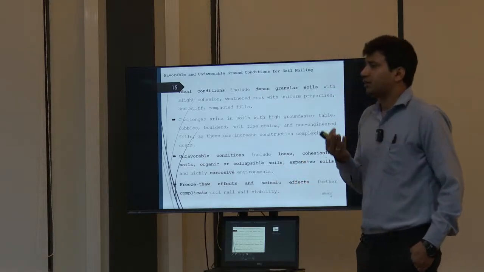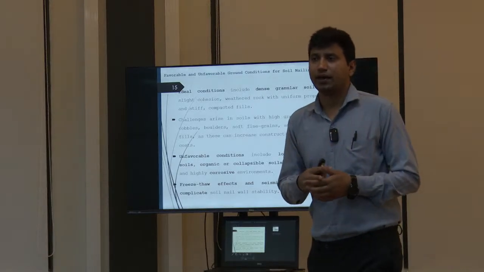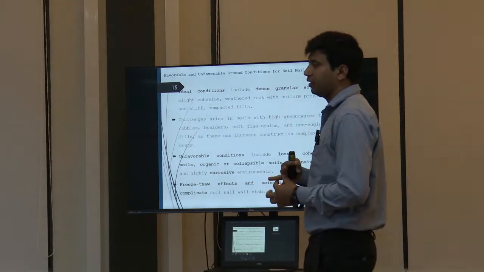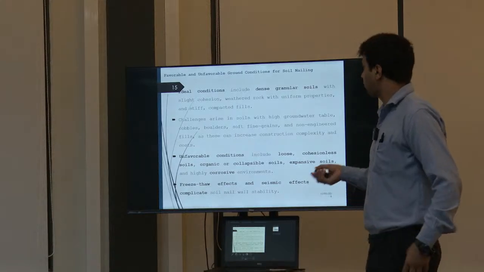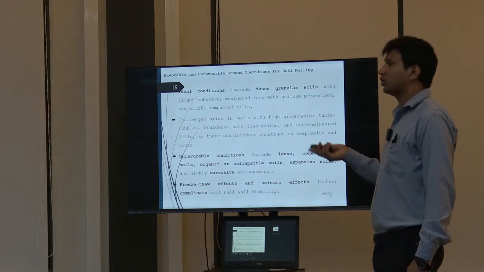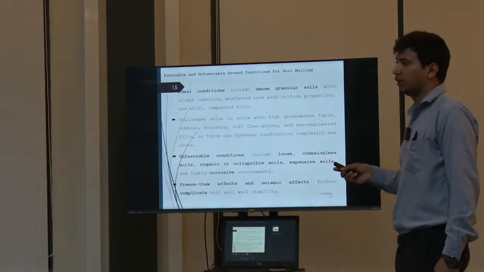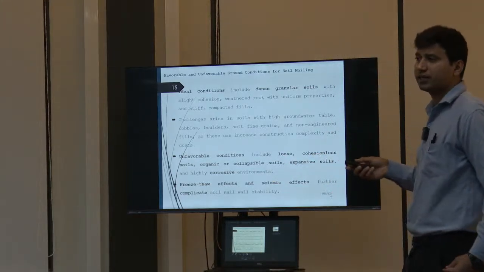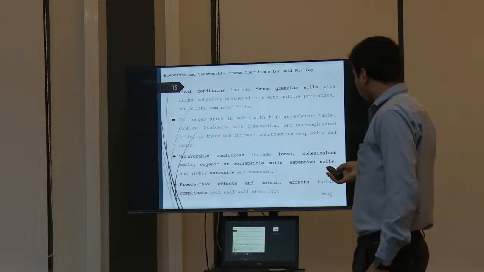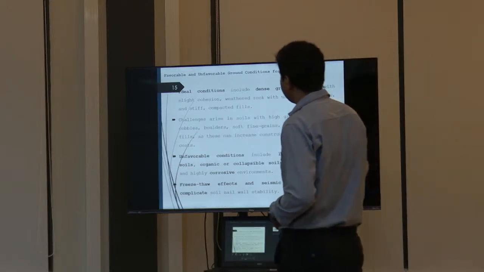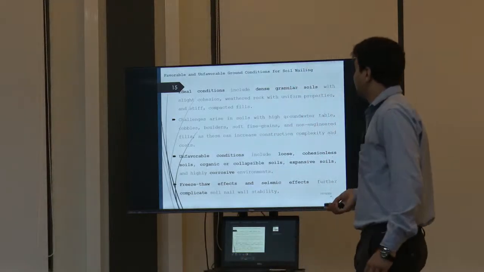However, soil with boulders and with a high water table have a problem, and cohesionless soil also performs poorly. Also sometimes the freezing effect and seismic effect the soil nail significantly.